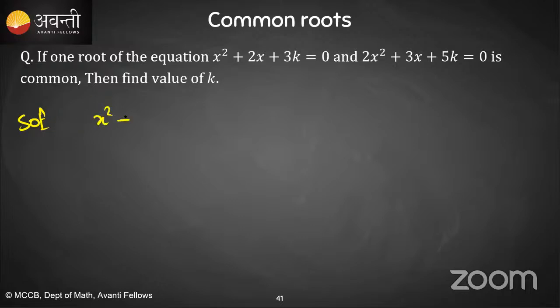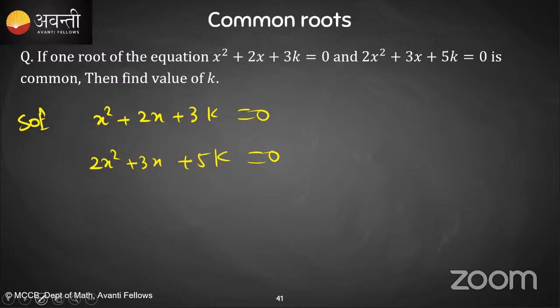Equation is x square plus 2x plus 3k is equal to 0, and 2x square plus 3x plus 5k is equal to 0, right? So again, how will you use the formula? इसको cross multiply कर दो, and the extreme terms get multiplied here, right?